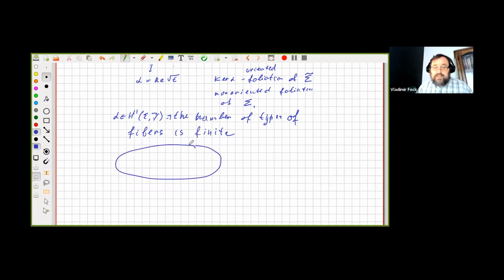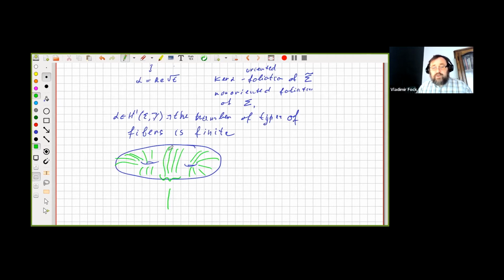So you have a surface, and it is foliated by fibers. There are some fibers which go like that, and fibers which go like that. The number of types is finite, and you can replace every collection of isotopic fibers by one single fiber, but attach an integer weight to it.